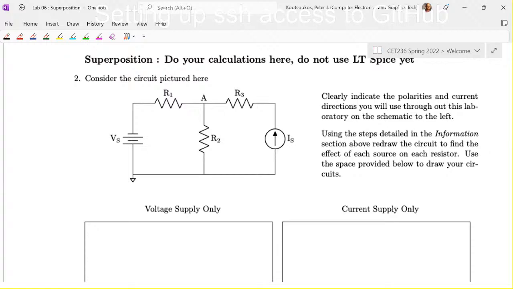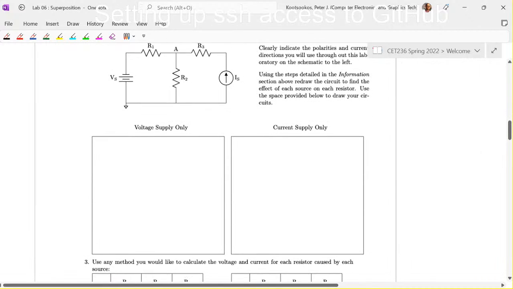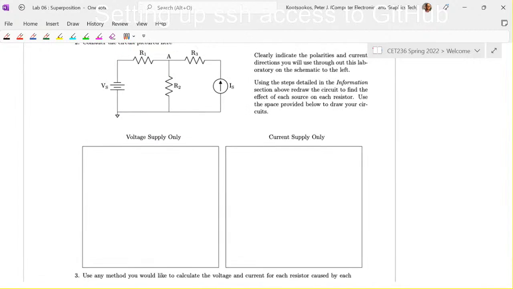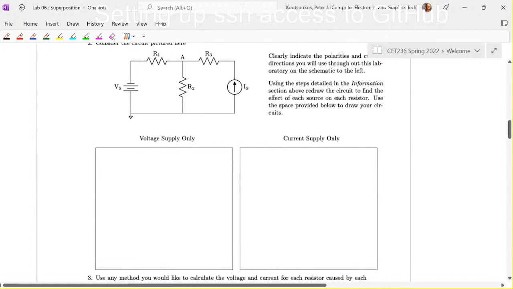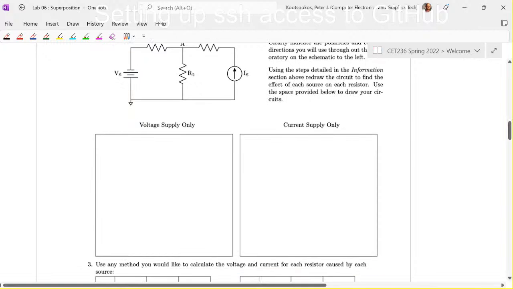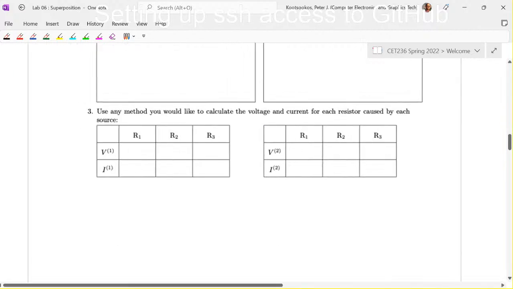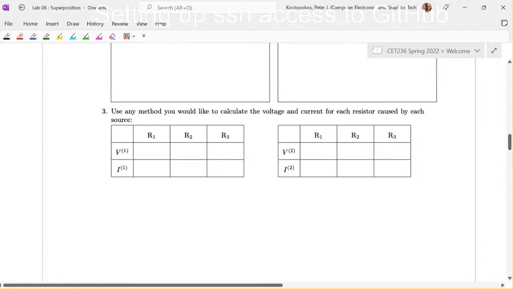Right, so the first part is to just redraw the circuit with the voltage supply only and the current supply only. Then calculate the voltages and currents for R1, R2 and R3 for the voltage supply only, and then the same thing for the current supply only.